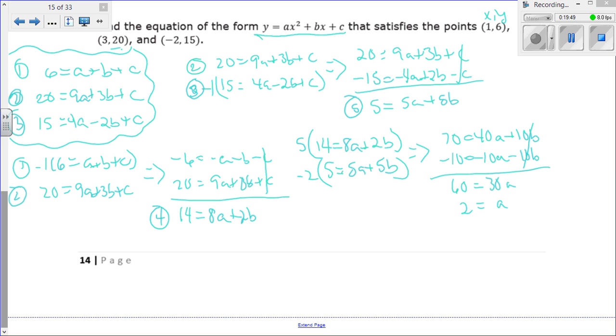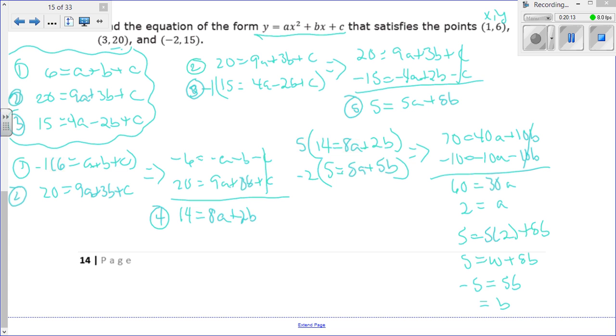And once I get a to equal 2, then I can easily find b. So I would say 5 equals 5 times 2 plus 5b. So 5 equals 10 plus 5b. Subtract the 10, so negative 5 equals 5b.